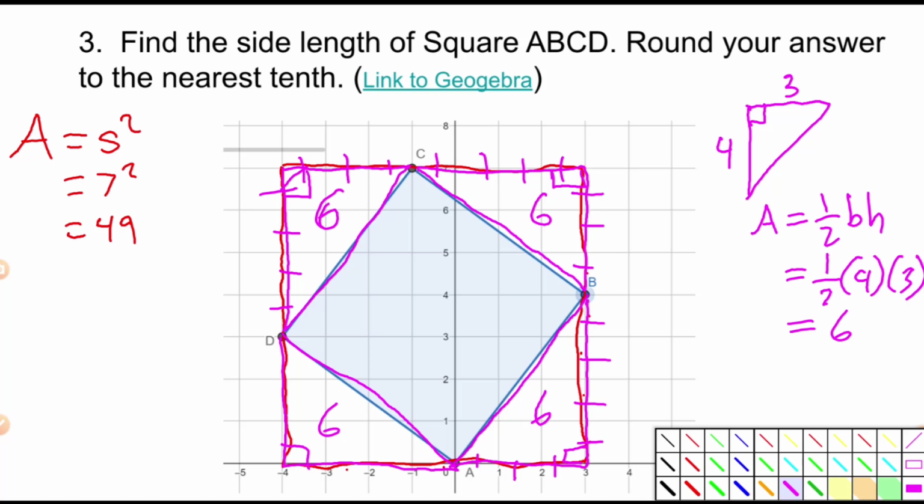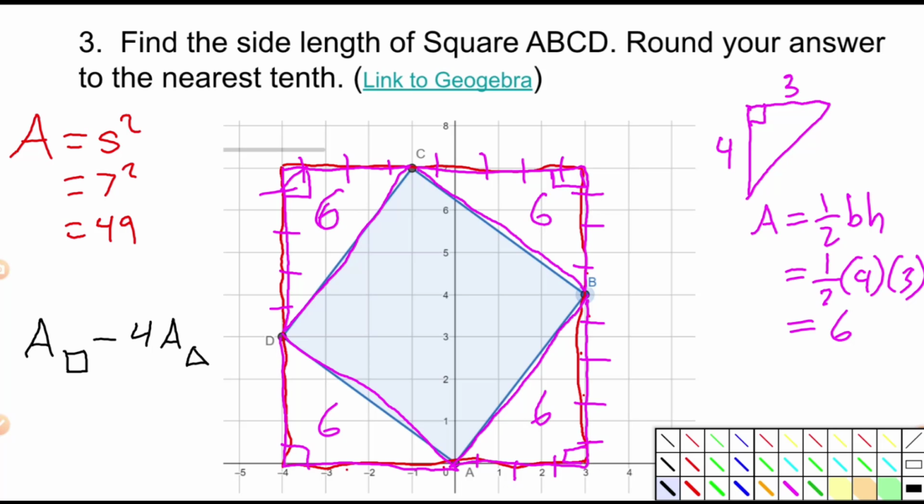And now, how do they end up coming up with the answer? Well, to find the blue part right there, all they did was take the area of the large square, and then they subtracted, I'm going to write it like this, the area of the 4 triangles. Okay, so that makes sense.